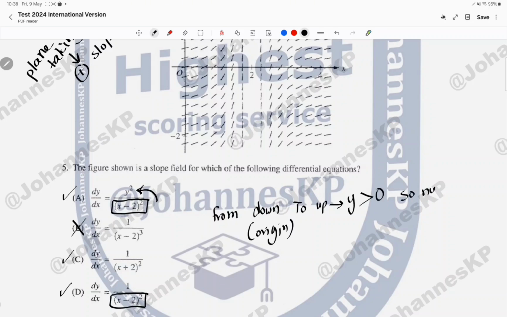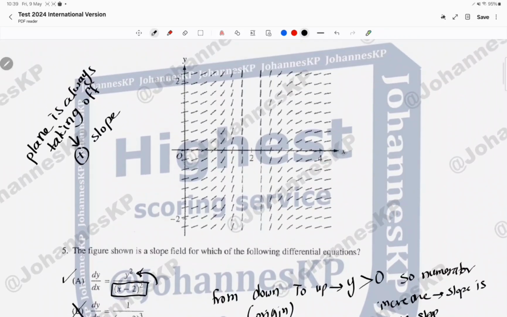And so the numerator will increase. And if it does, the slope becomes more steep, right? Or positive.